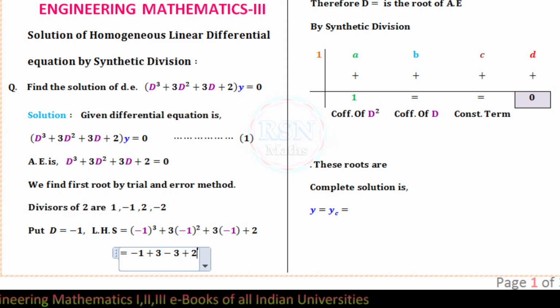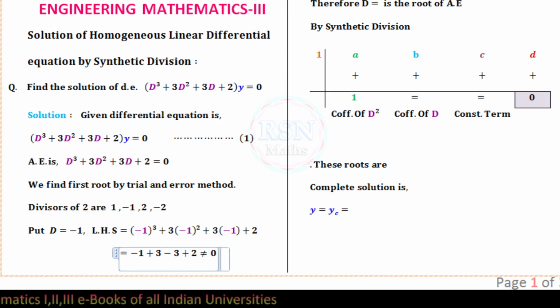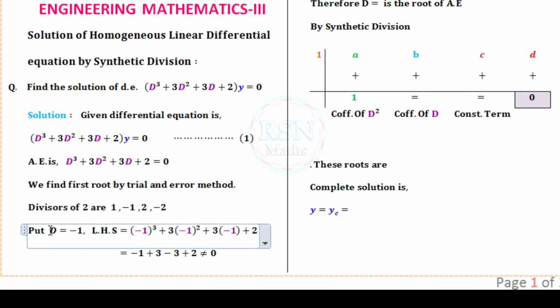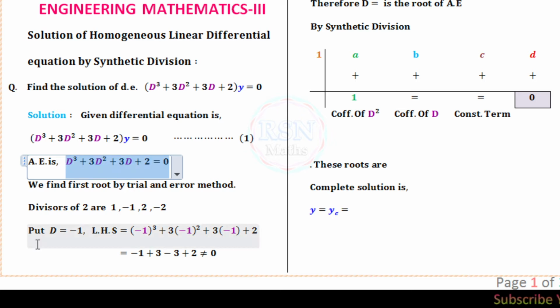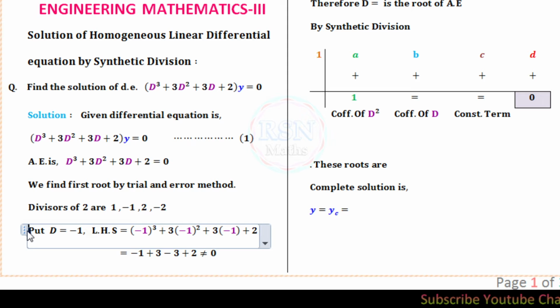And this is not equal to 0, correct? Okay. So what we can say is that D equal to -1 is not a root of this auxiliary equation. Now check for other negative values of D.